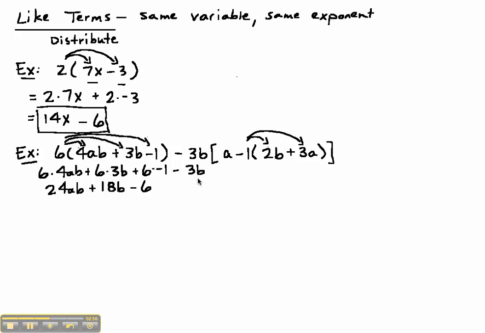And anytime there's just a negative on the outside of the parentheses, we assume that's a negative 1. I've already had it written in here. So negative 1 times 2b is negative 2b, and negative 1 times 3a is negative 3a.